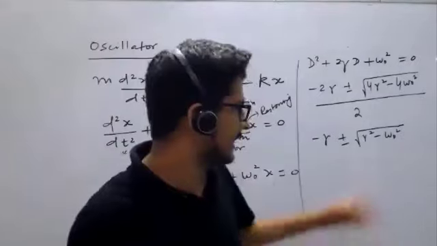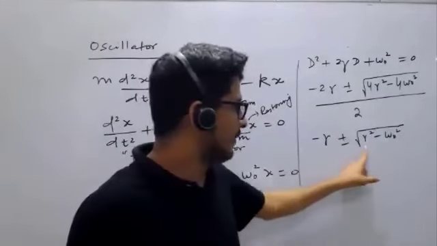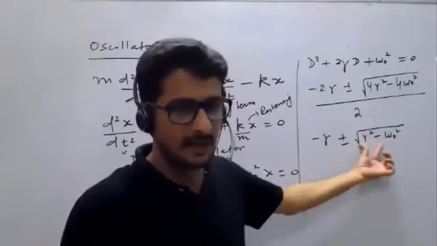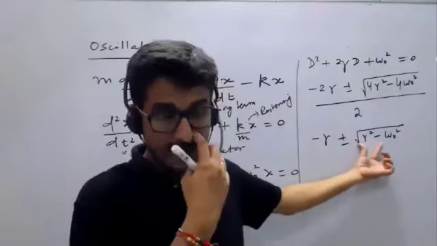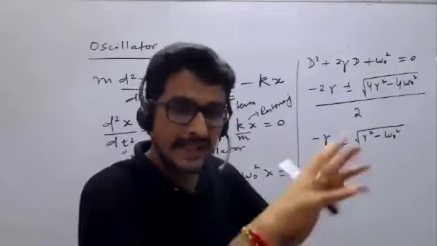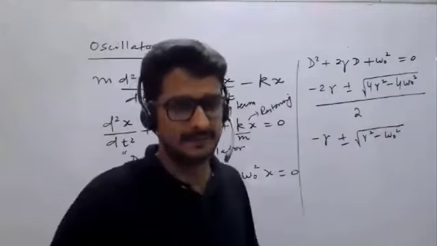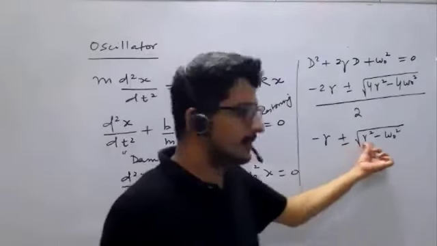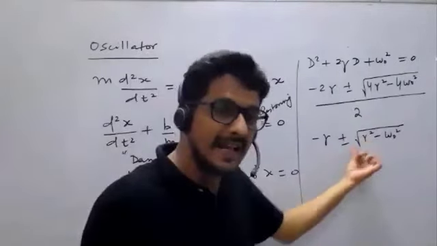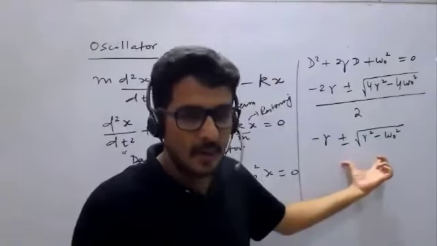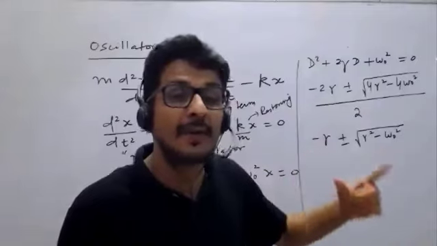All these will be decided by this. If your gamma square is greater than omega naught square, then obviously the value inside the under root will be positive. Then your exponential terms will play. It will be damped. But if gamma square is less than omega naught square, then it will have a complex root. And what type of solution? Sinusoidal.